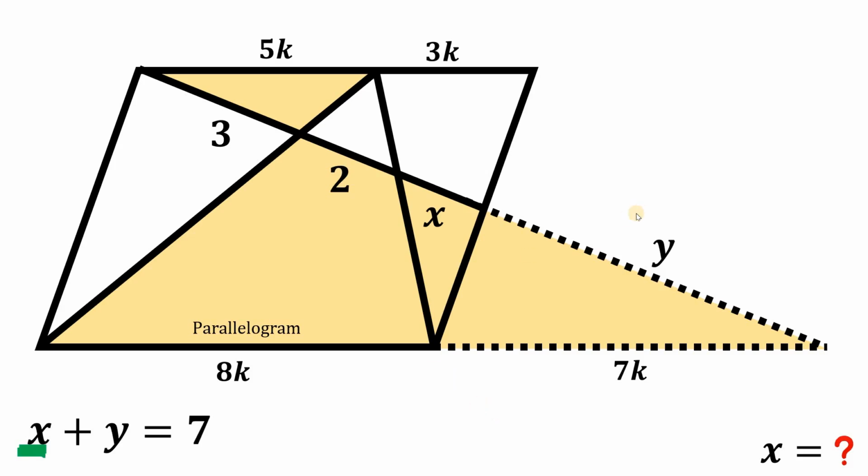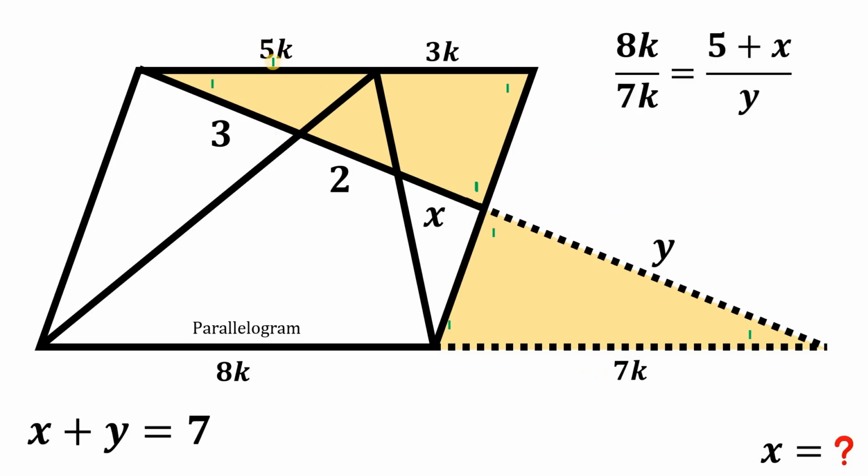And now, using the last two triangles, which are similar to each other, using the same method we did a while ago, AAA similarity, these two triangles are similar. Now, using the ratio of their corresponding sides, we have 8k, 5k plus 3k, over 7k equals 5 plus x over y.